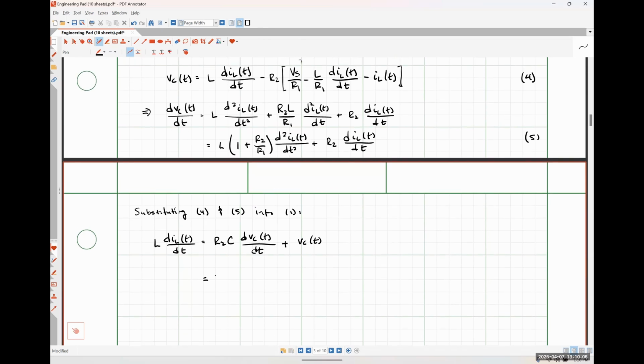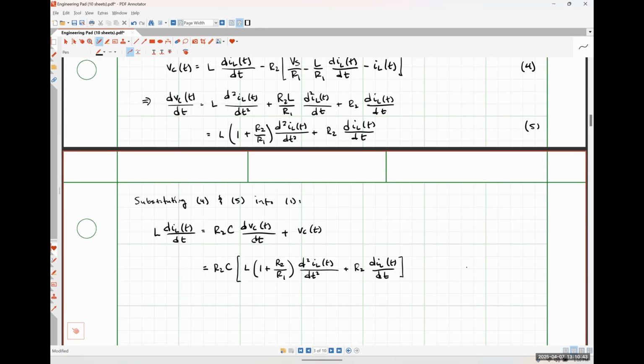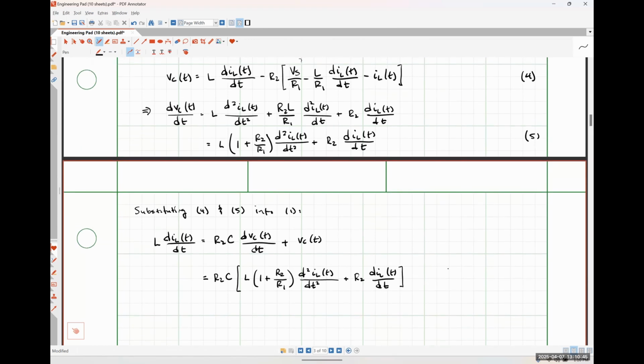So now I'm going to have R2 times C multiplied by L times 1 plus R2 over R1, the second derivative with respect to time, plus an R2 times the first derivative with respect to time. And I'm going to do this on a second line because I'm running kind of out of room here.